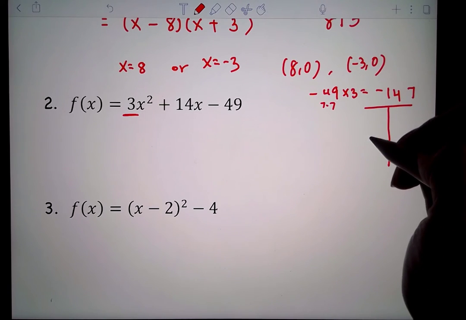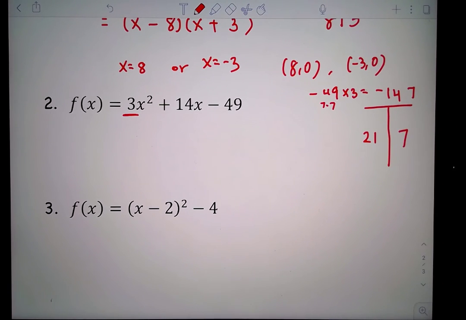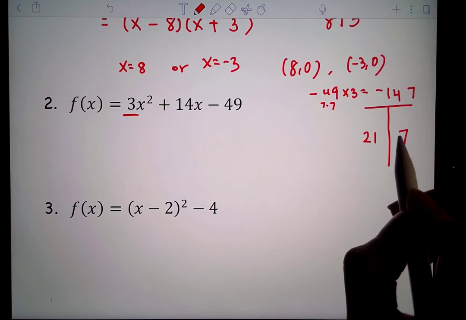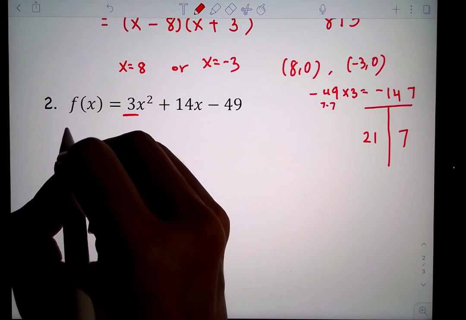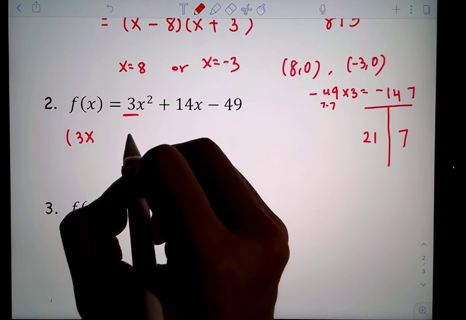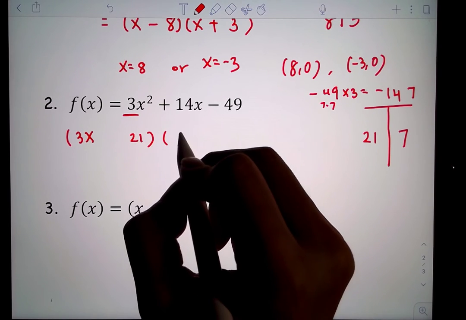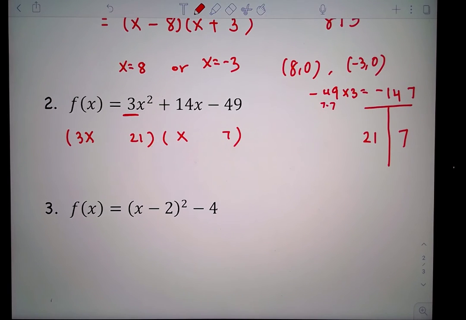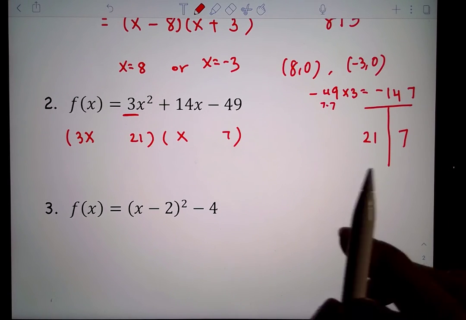So I'm gonna try 21 and 7. Can you get 14? 21 and 7, right? 14 works. Yay! So the difference is 14, right? So I got it. 3x and 21. Because I'm a math teacher, I can find the number easily, but if you practice many times, then you can do it like this.